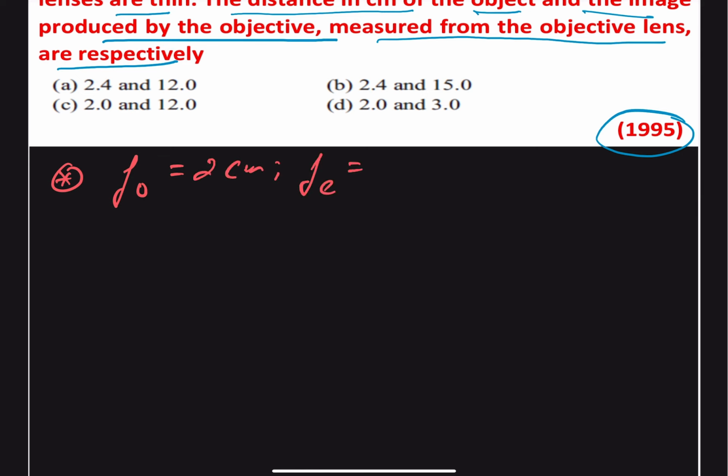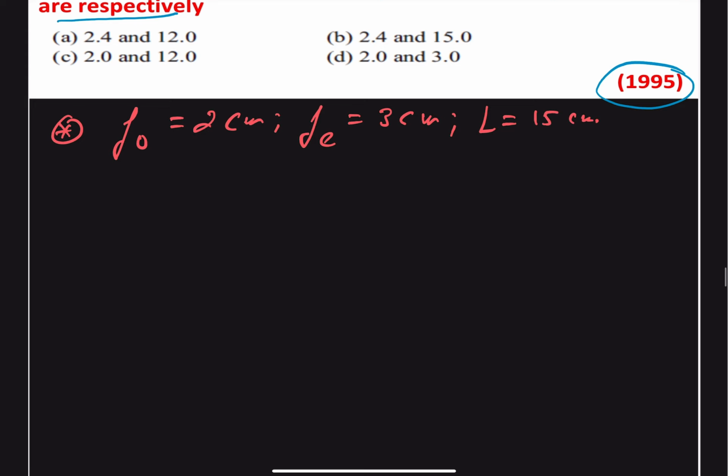Focal length of eyepiece, that is our fe, is 3 centimeter. Distance between the two, that is our L, is 15 centimeter. And we have to remember that final image is at infinity.